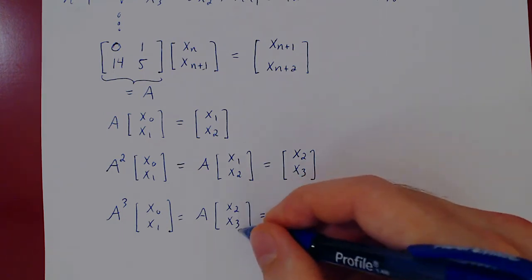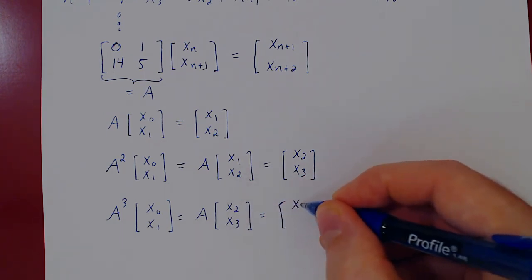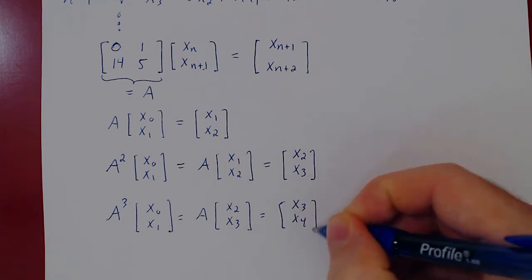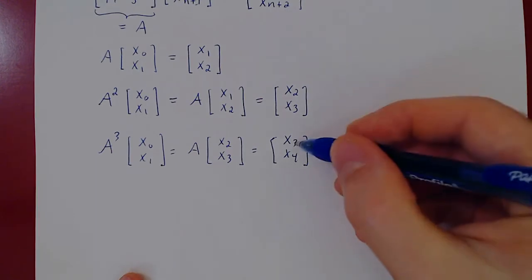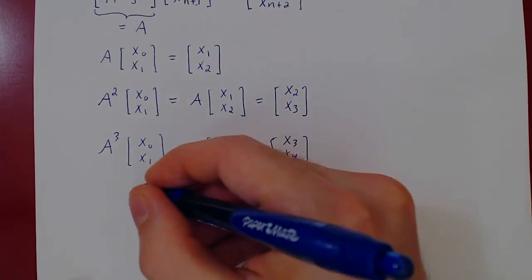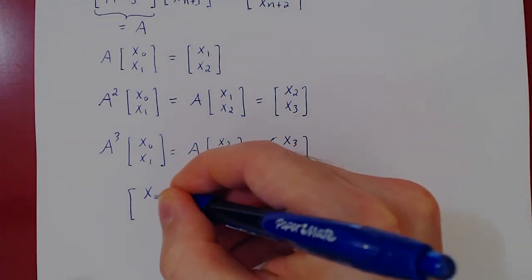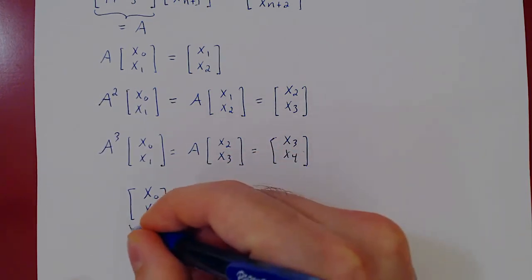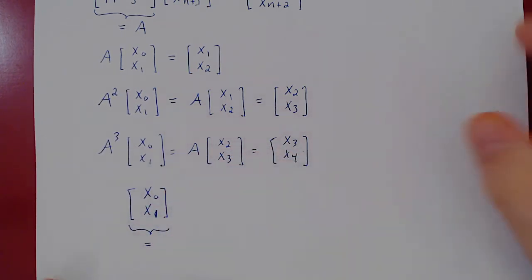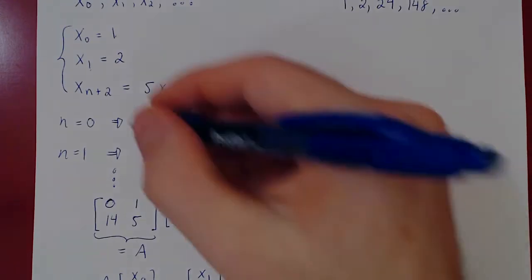So the vector x2, x3 will become the vector x3, x4. And you can see now where this is going. If you wanted to build the nth term of the sequence, take the initial vector values x0, x1, which we know is the vector 1, 2.